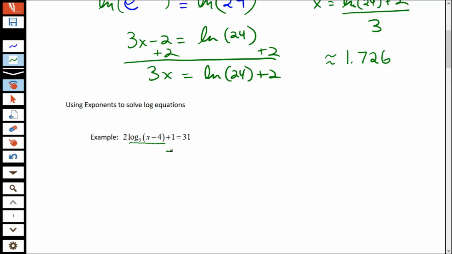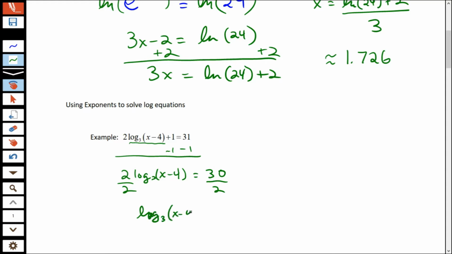So we're going to start this by subtracting 1 from both sides of that equation. 2 log base 3 of x minus 4 is equal to 30. Then we're going to divide both sides of this equation by 2. Log base 3 of x minus 4 is equal to 15.